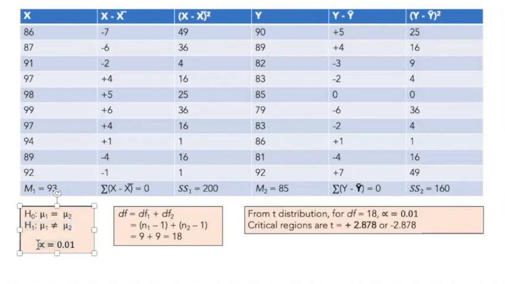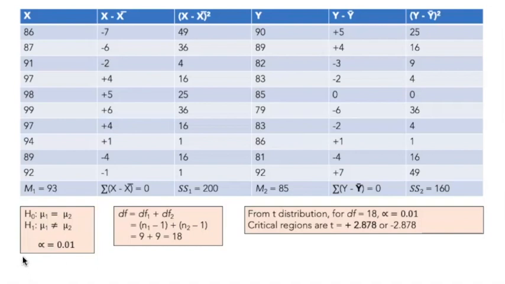For that, the first thing is we have to come up with the alpha value. The usual alpha value is 0.05. But in this example, in the book by Gravetter and Wallnau, they have selected an alpha value of 0.01. So 0.01 leaves us with a confidence level of 99%.